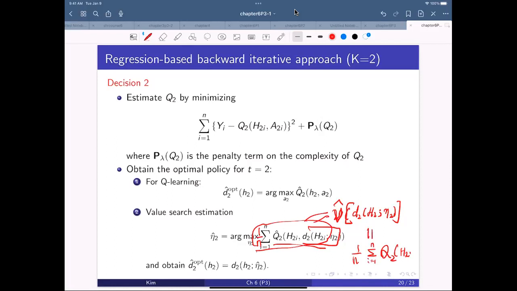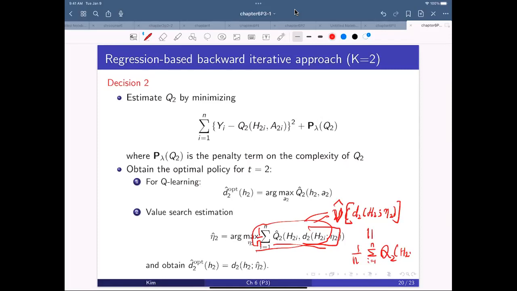So the slight difference is that Q learning estimates the Q function directly, while the value search uses the estimated value, finds an MLE-type estimator, and then plugs in to obtain the function.